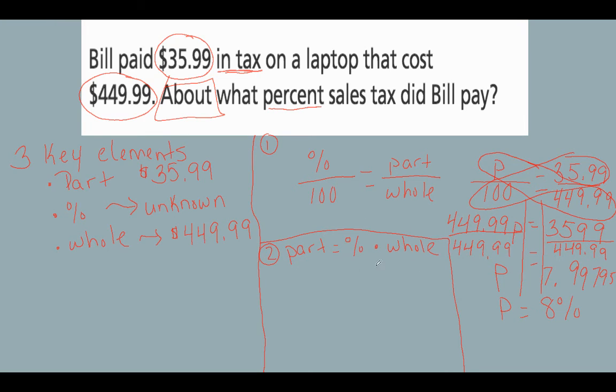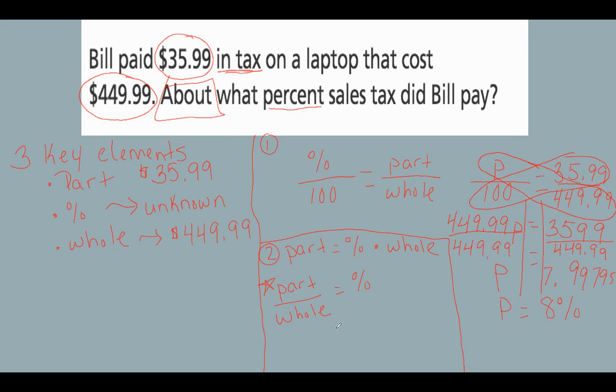Another way you can think about this is, wait a minute, if part equals percent times whole, wouldn't percent be equal to part divided by whole? Because wouldn't we have to divide in order to get rid of that times the whole? Wouldn't you have to do the opposite? So this might be a quick, easy way to remember.